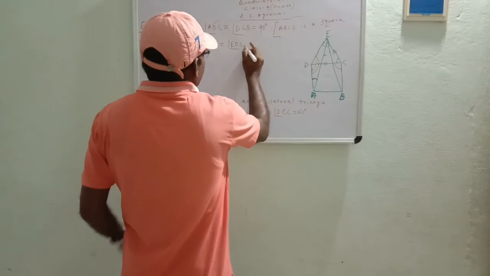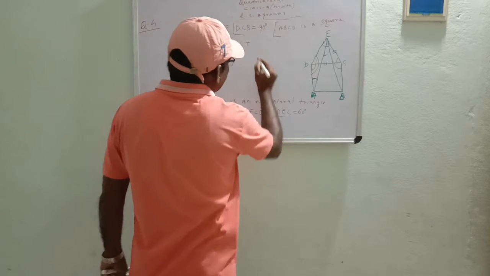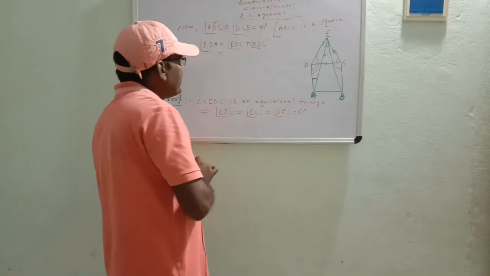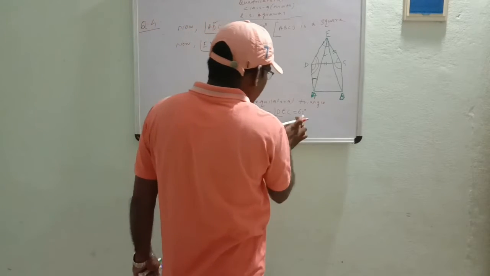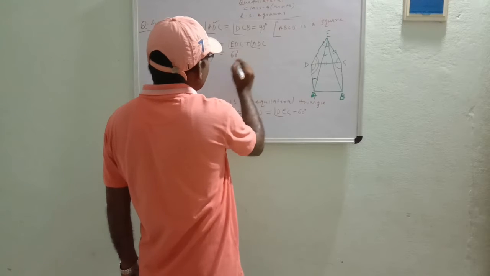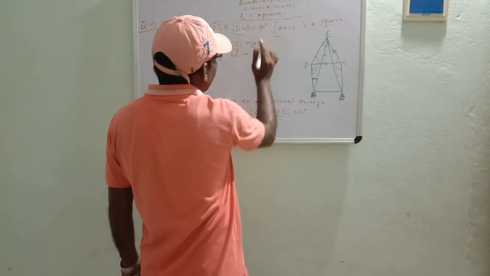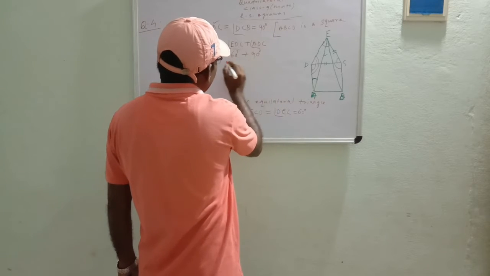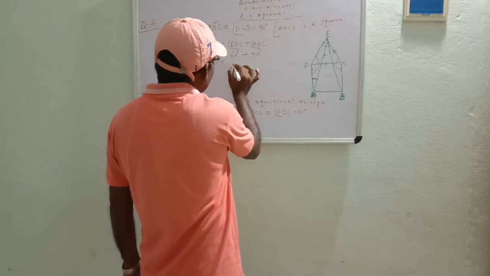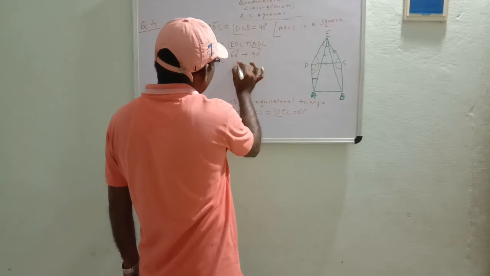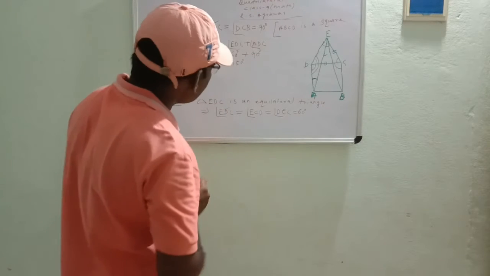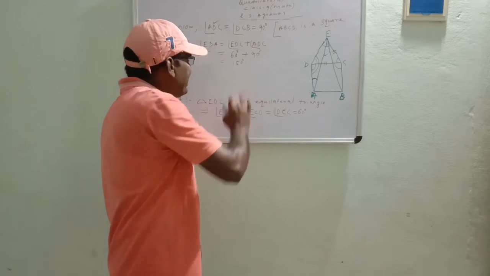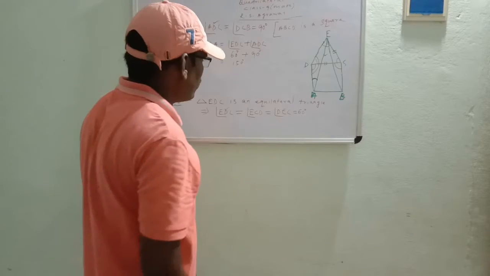EDC is 60 degrees, already you have found it out, plus angle ADC equals 90. Here it has been written. So angle EDA equals 90 plus 60 equals 150 degrees. Now angle EDA has already been found out.